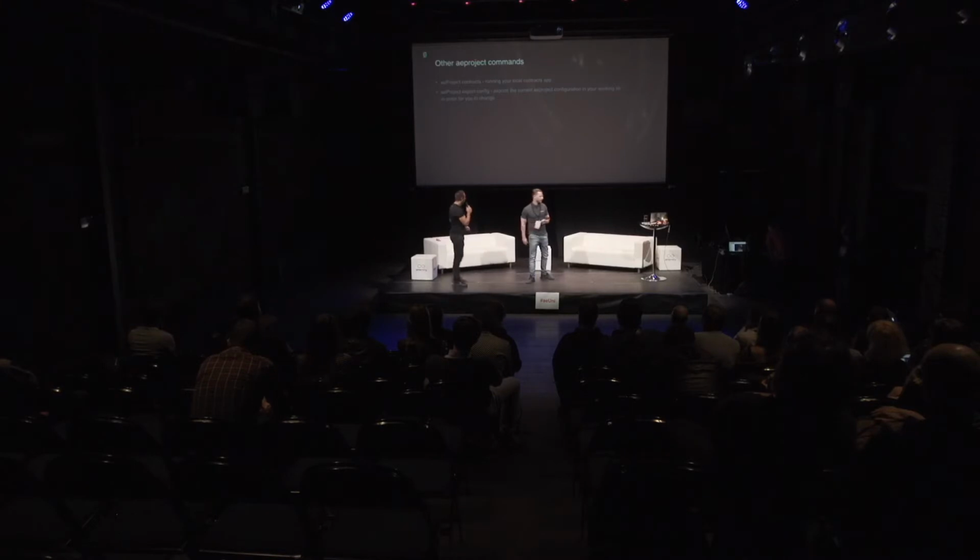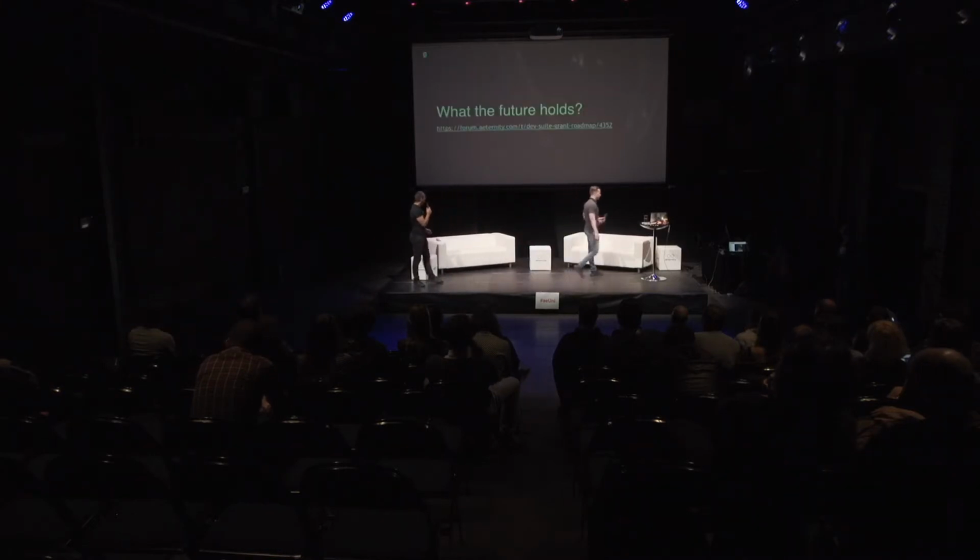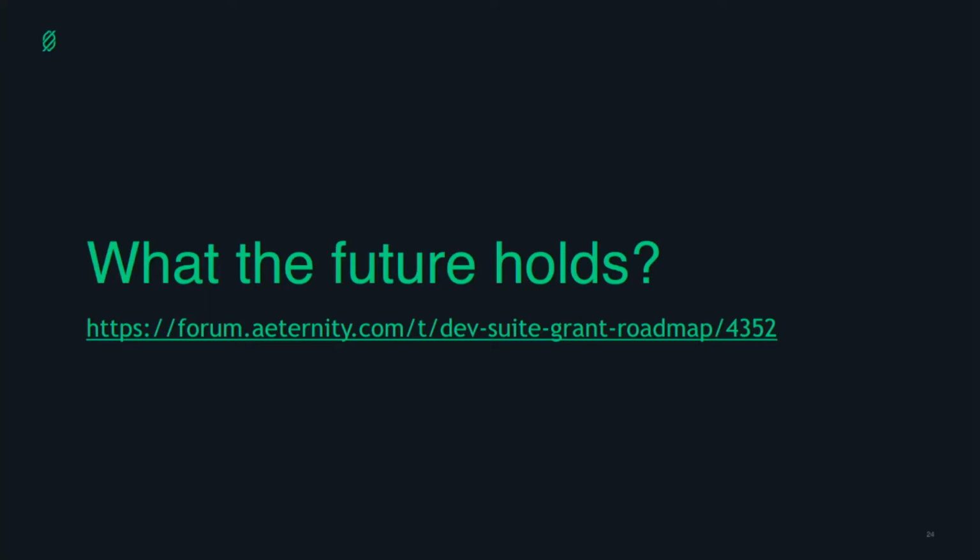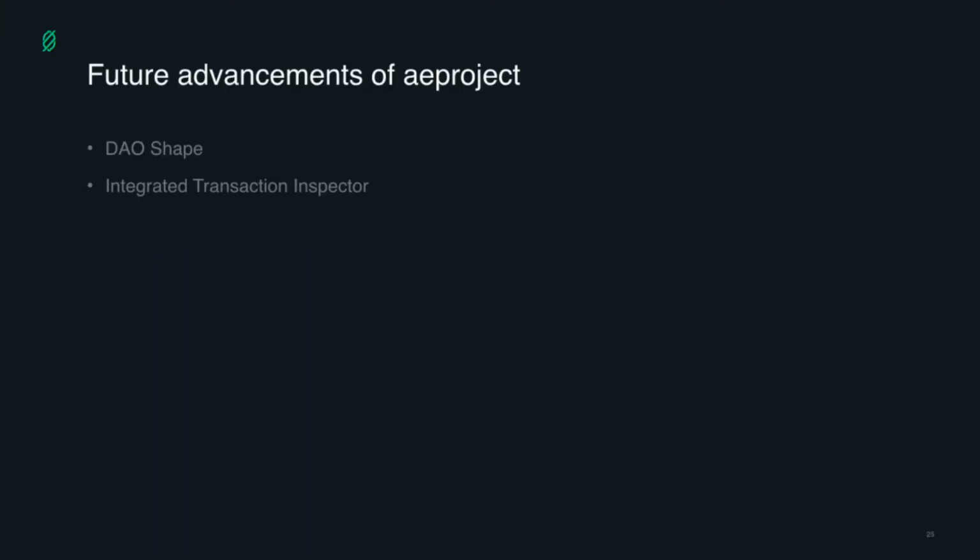And actually, that was from me. George, you should maybe continue for what the future holds. All right. Yeah. Let's see what the future holds. For those of you that haven't been here yesterday, we have applied for a grant, and we're going to showcase some parts of this grant here as things that we want to integrate with aeproject so that we have a better future together.